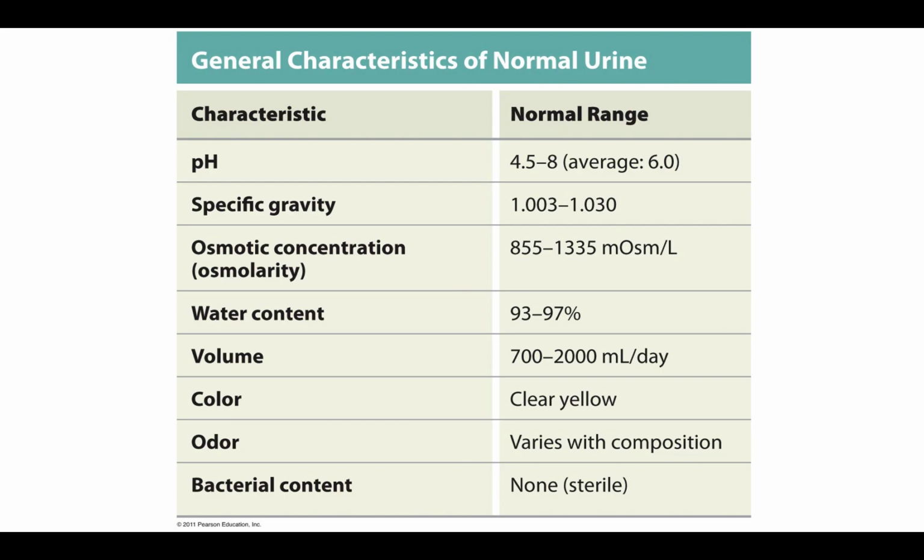So depending on how much water and things you have there. Volume, as far as how much you urinate a day, anywhere from 700 milliliters to 2,000 milliliters, or 2 liters, per day. Color should be clear yellow. Odor.